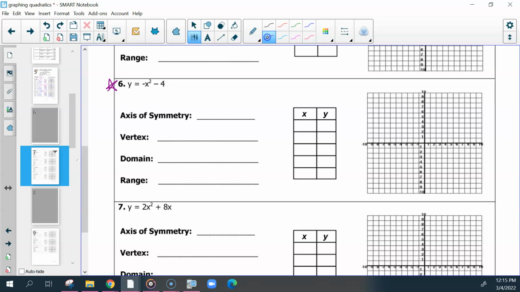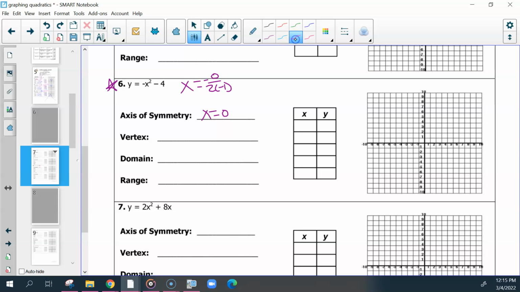Axis of symmetry, we're going to run through this a little fast. We don't have a b value. So we can kind of already assume this is going to be x equals 0, but I'll still write out this. Because we don't have a b value.